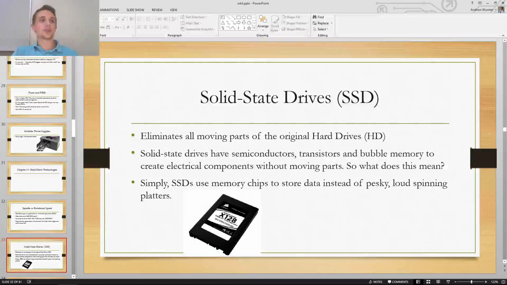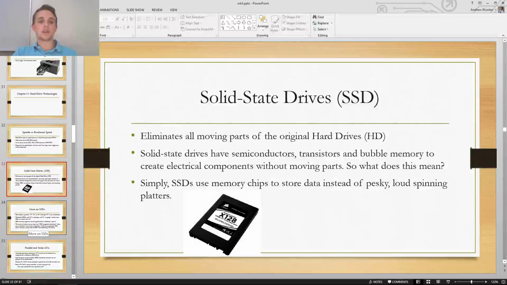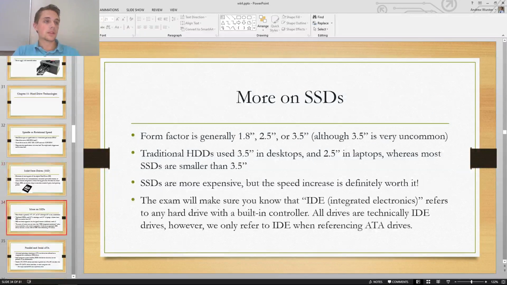That's all you really need to know. They're a lot faster, they're more expensive right now, but they've been getting cheaper, just as hard drives did. So definitely recommend getting one of these. They're also becoming more reliable. They used to have problems where they would fail really quickly. They're better now.